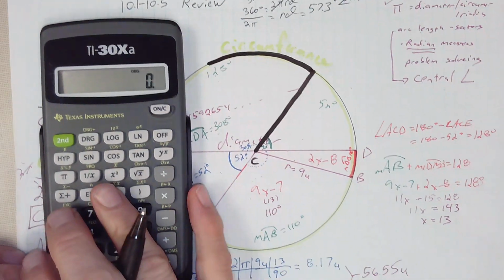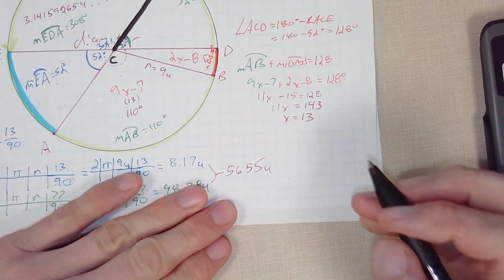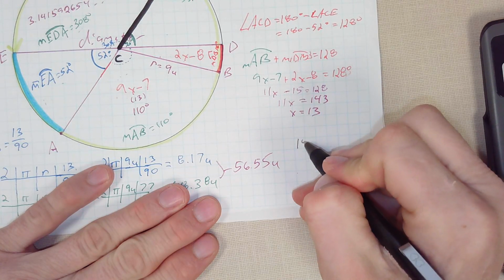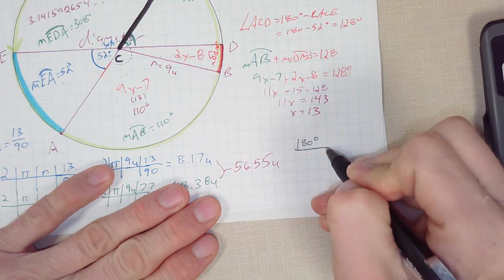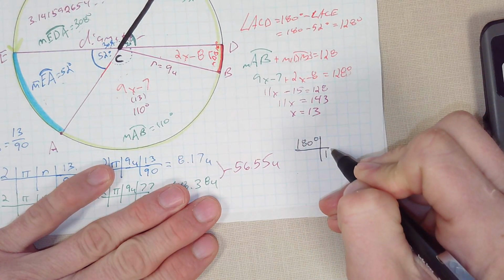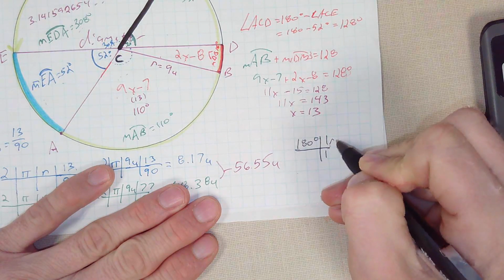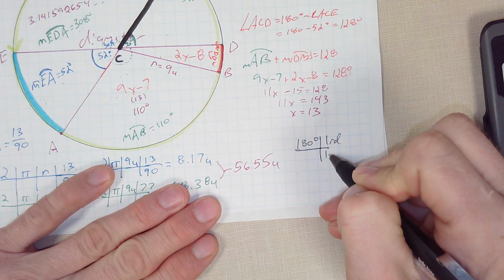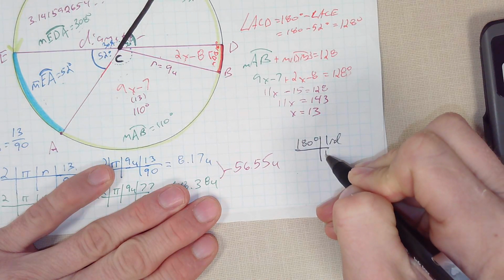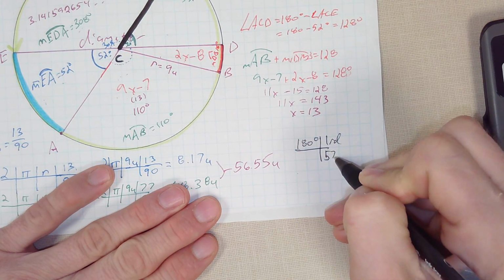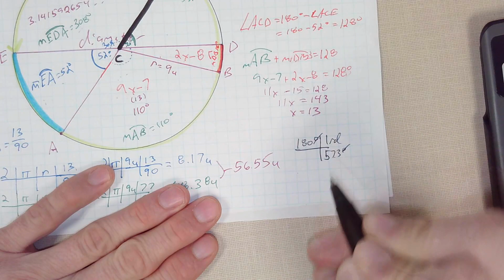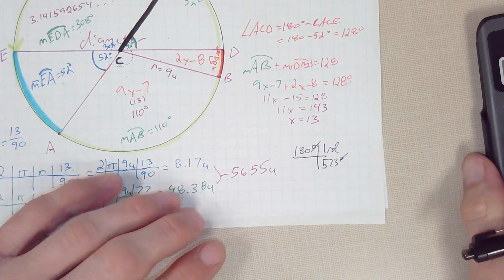Let me cross that out. I'll write it down here. Okay, so if I do 180 degrees and one radian is 57.3 degrees, the degrees cross out, and you're left with radians.